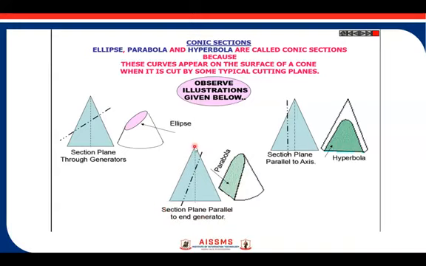This point is called an apex, and this one is the axis for the cone. So when you revolve the generator around the axis, with the apex as the center point, it will form a cone.